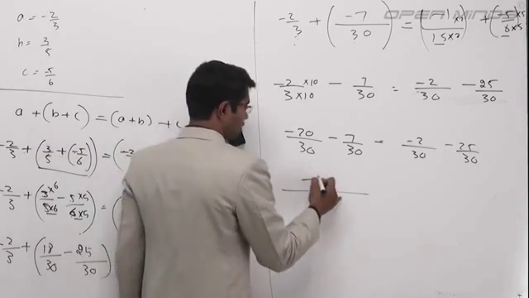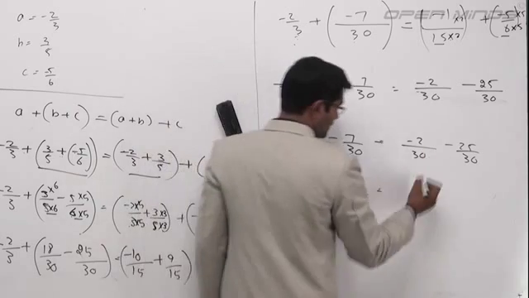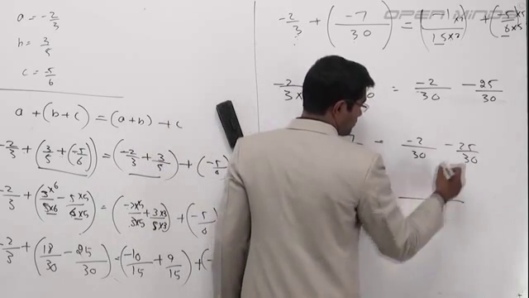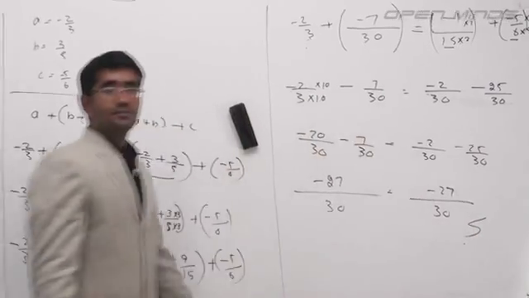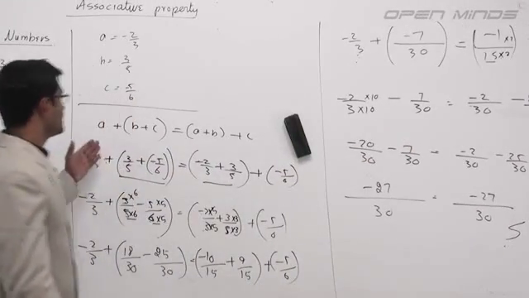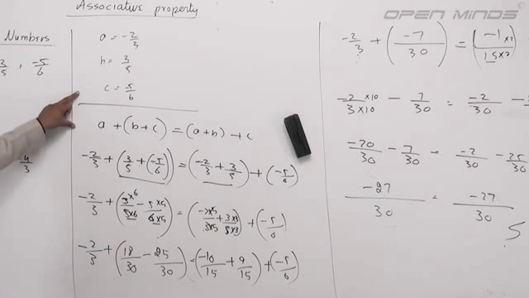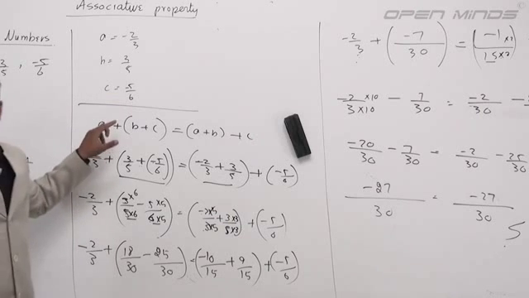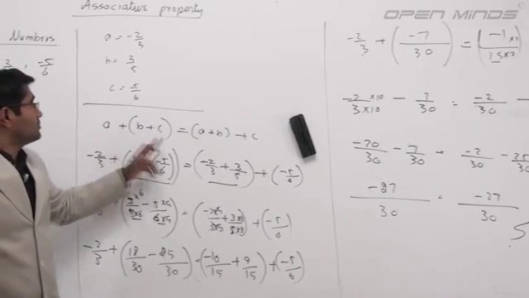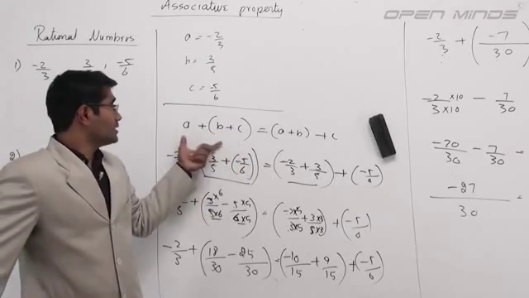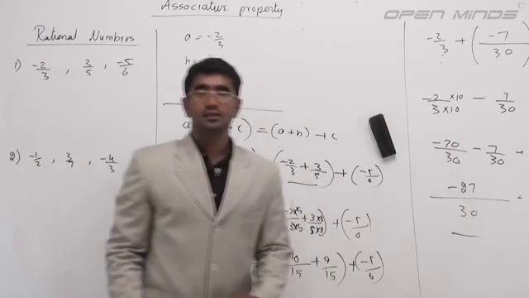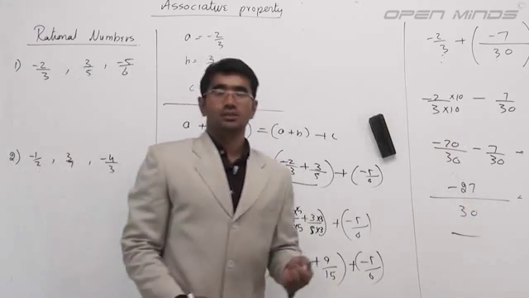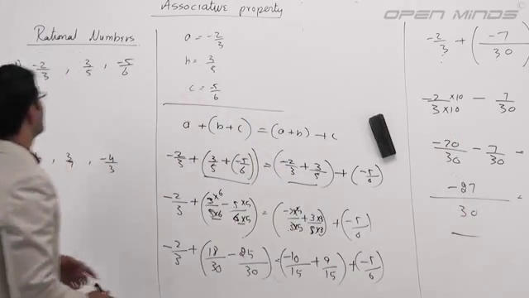This is minus 27, and on this side it is also minus 27. Very simple. So yes, this is satisfied. Addition is satisfied. I took the addition part of it. If I add three rational numbers in this fashion or in this fashion, I'm getting the same answer. So I can say that yes, addition is associative on rational numbers. That's all about it.